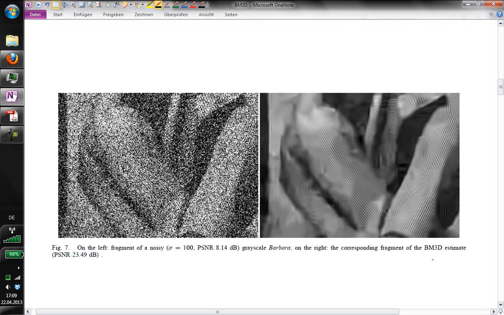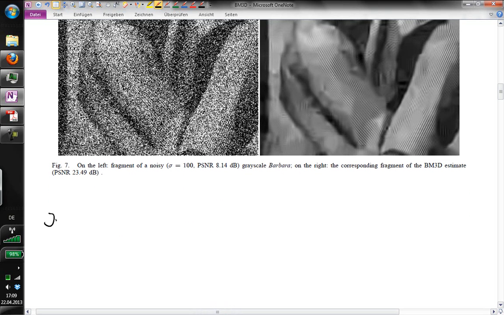And it does not hallucinate too much structure elsewhere. Quite a fascinating result, which is also borne out by the numbers. You can now collect these peak signal to noise ratio numbers averaging over many images and so on, and you then find that the method performs exceptionally well.